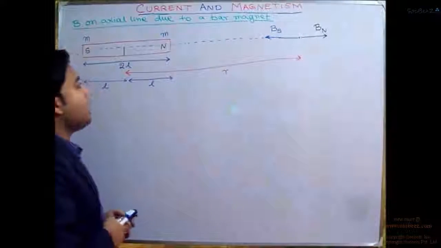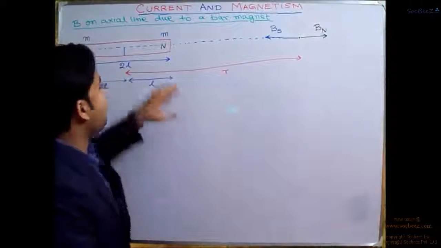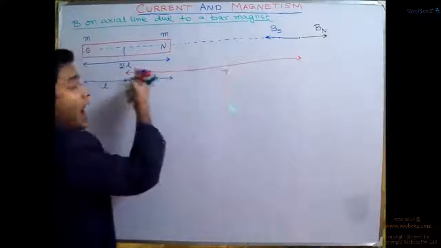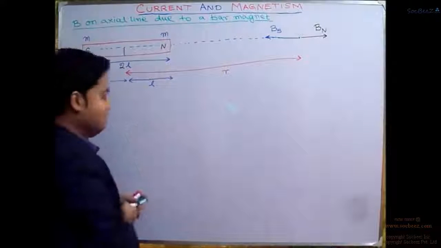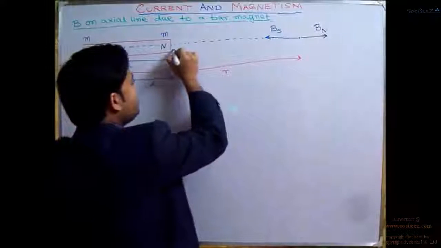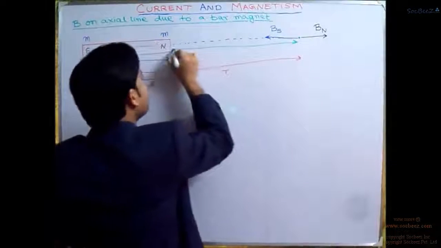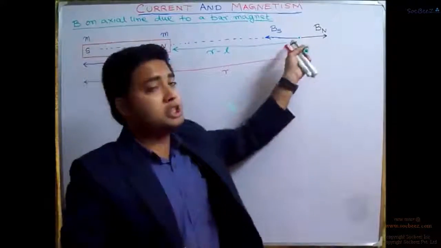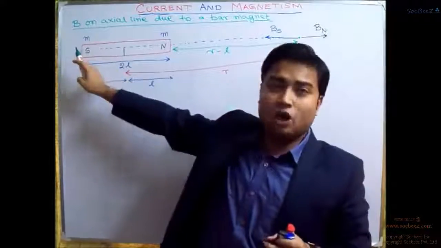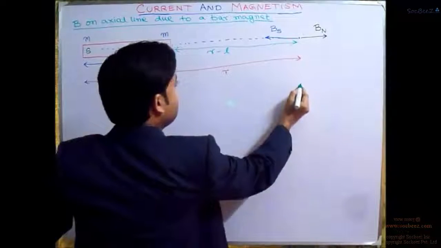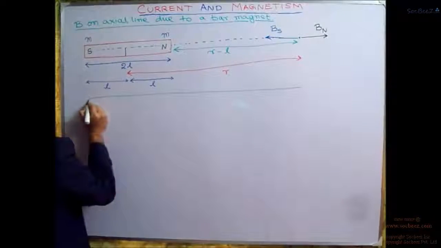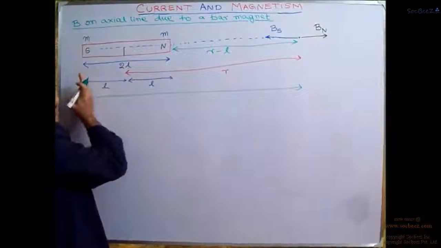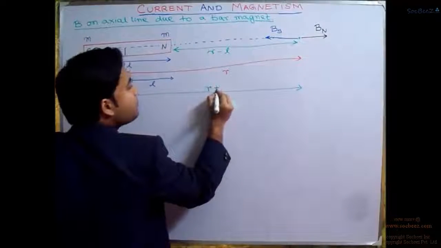So actually now the distance of this point from the North Pole will basically be equal to R minus L. So this particular distance we can write as R minus L. And what will be the distance of this point to the South Pole? It will be simply R plus L.